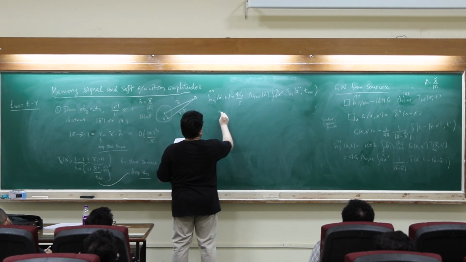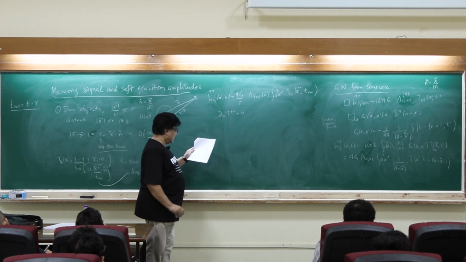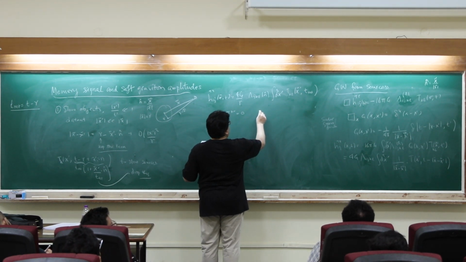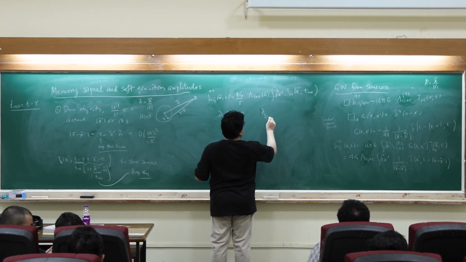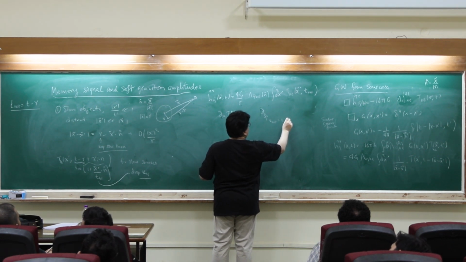So use the fact that d mu T mu nu is 0, component wise. I'll not give you all the steps, but it's simple. Where the 0 here, or t, d0 is t retarded, which is t minus r.